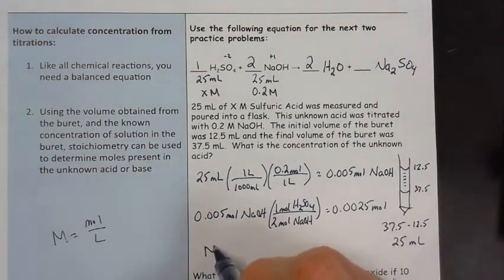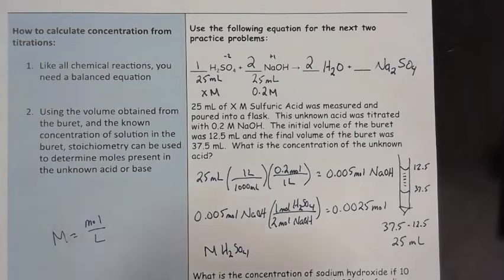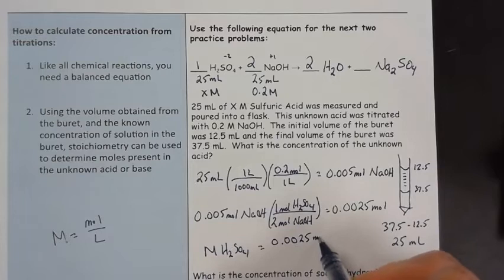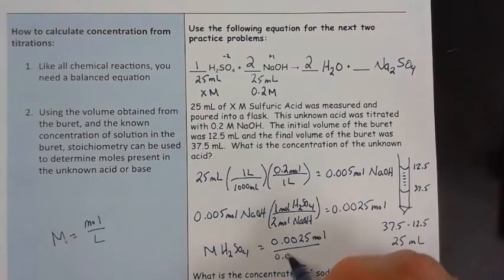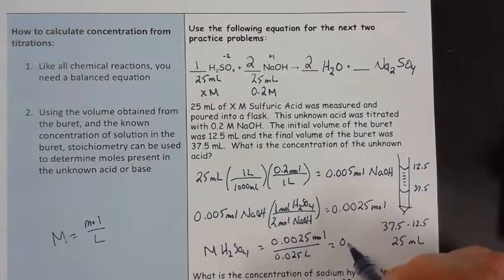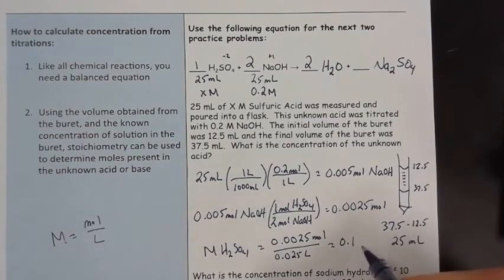So the molarity of the H2SO4 is equal to 0.0025 moles divided by 25 divided by 1,000, or 0.025 liters, and that's equal to 0.0025 divided by 0.025, 0.1 molar H2SO4.